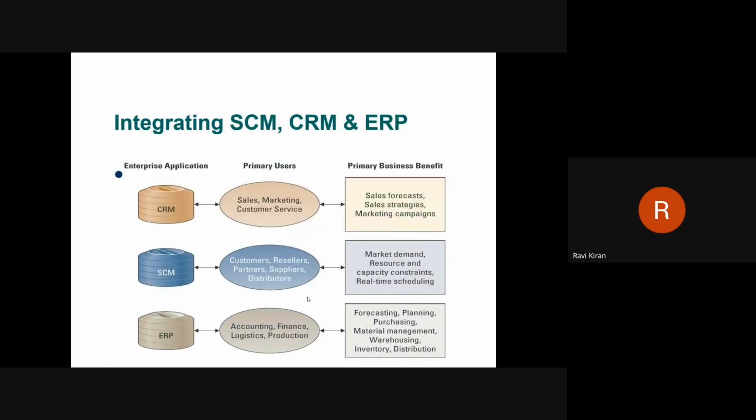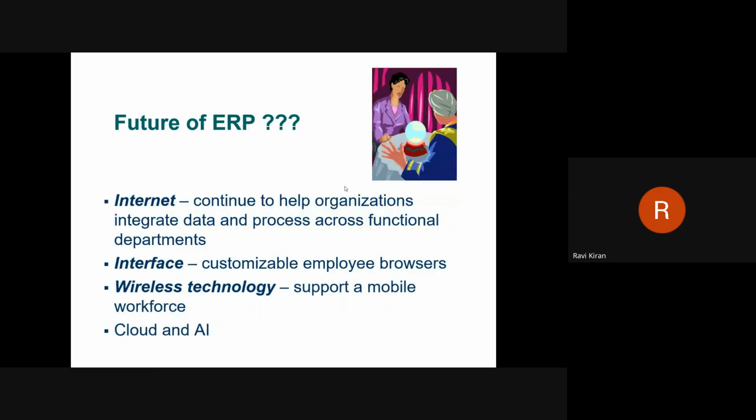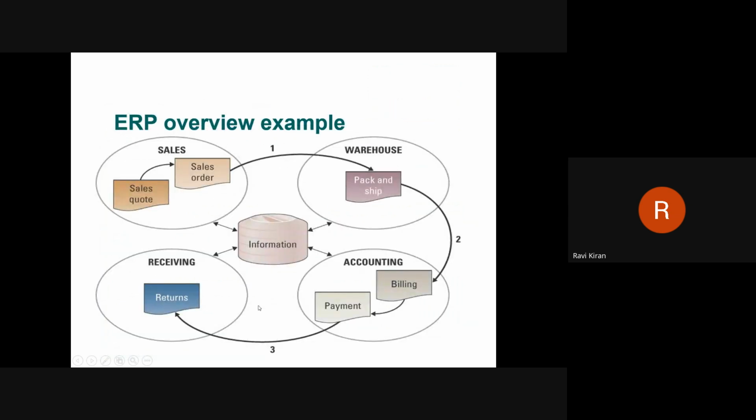To control any company, any manufacturing company, pharma company, we use this ERP. This is where all the purchasing employees, accounting employees, auditing employees are going to connect. It is wireless, cloud, AI, internet driven. All the workforce-related technologies are available in ERP. That is the reason it is in such demand.